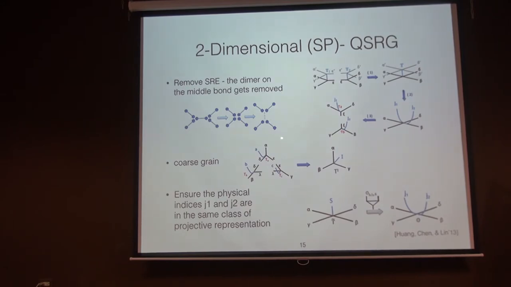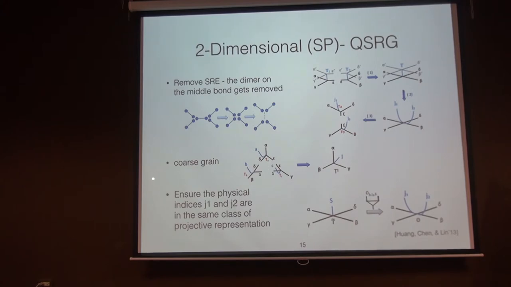We split a tensor around different directions, so this step is disentanglement. The second part is coarse-graining. I take the honeycomb lattice as the example, where we merge to get a triangle and get an effective tensor.